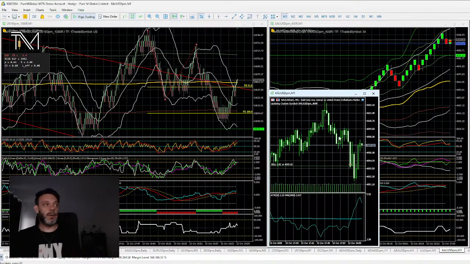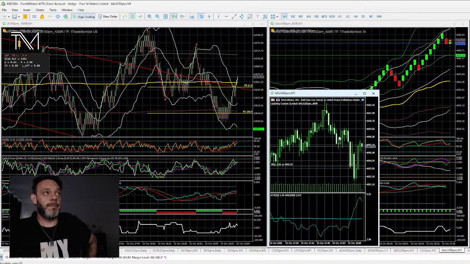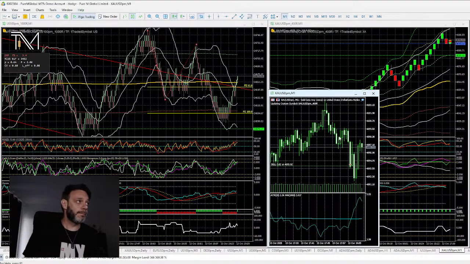What goes around comes around, guys, so be careful, because this crazy rally will have a price to pay, for sure. There will be a price to pay. And the longer it goes, the harder the price, because now it's too much.